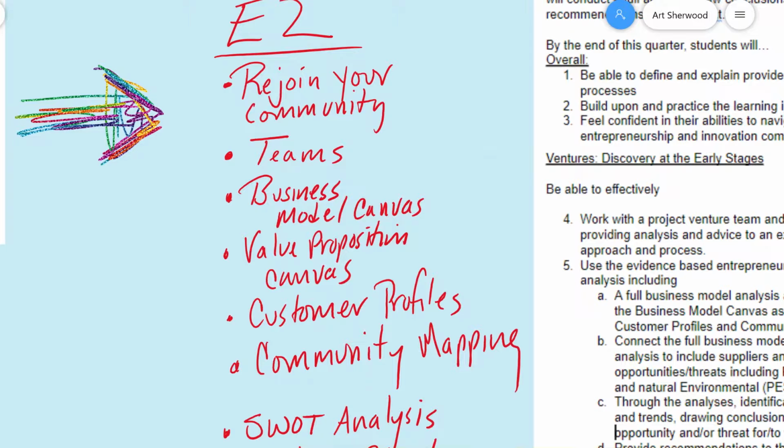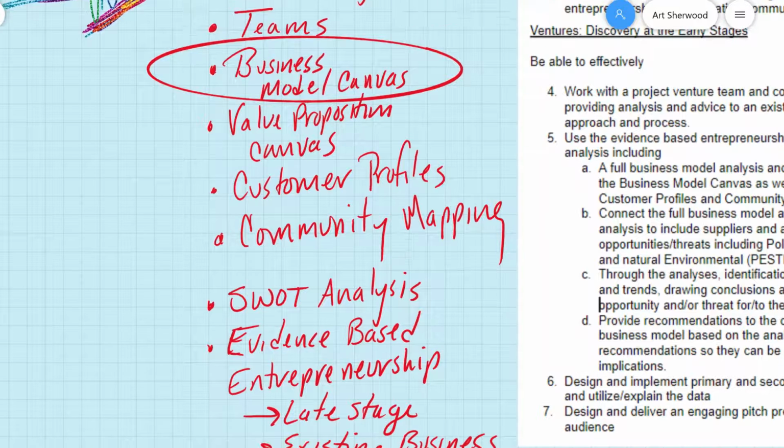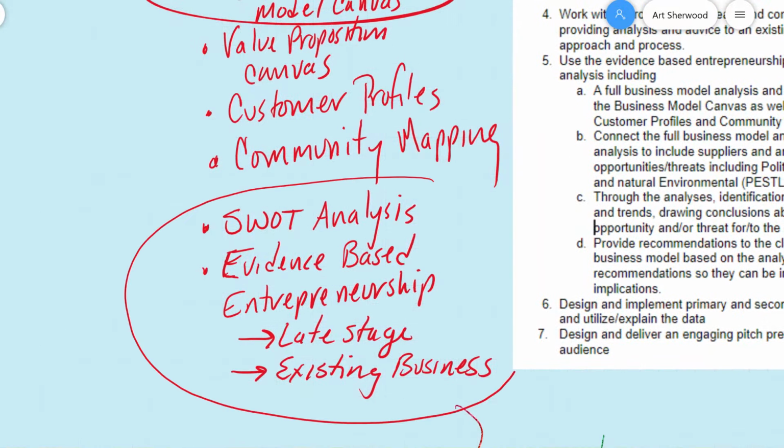You'll still be using the value proposition canvas, customer profiles, community mapping, test cards, etc. But some things that we'll be adding in this time is you're going to be moving toward the business model canvas, and you're going to be doing a SWOT analysis with a late stage, in the late stage of the Z model, which means you're doing it with an existing business, one that's launched, it's out there in the marketplace, and you're going to do an internal and external analysis, which is kind of a bread and butter strategy analysis of that organization. You're going to draw conclusions, and you'll ultimately make recommendations.